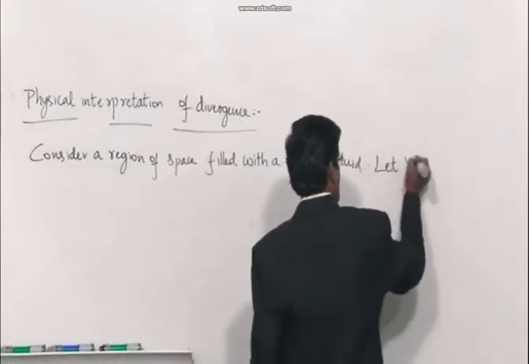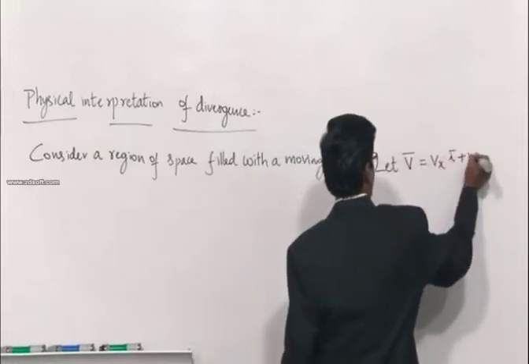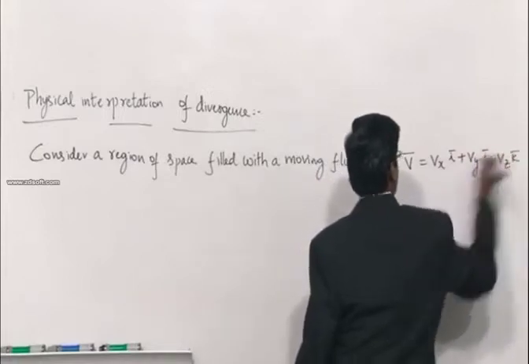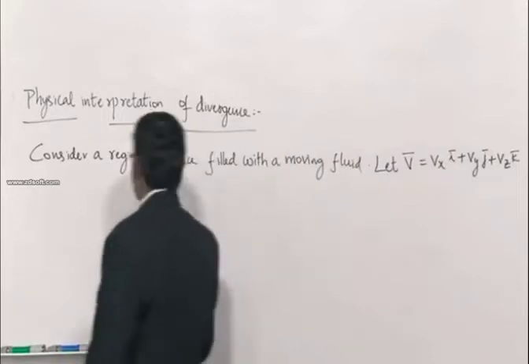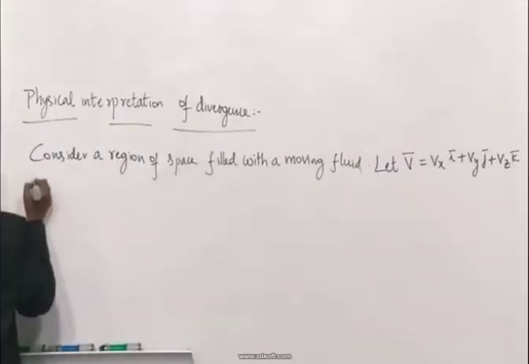Let V bar is equal to Vx i bar plus Vy j bar plus Vz k bar. That is, Vx, Vy, Vz are the velocity components in the x, y, z directions.